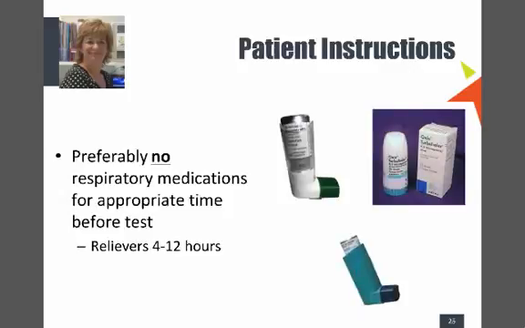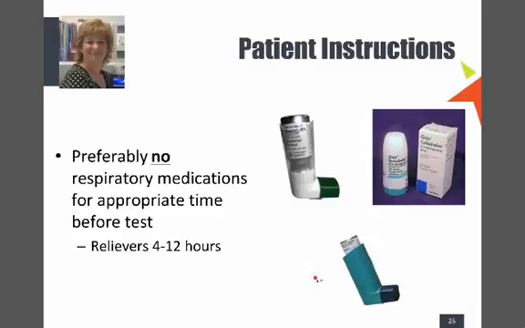So patient instructions, I'm not sure whether you do this so much in primary care, because you probably don't really know are you going to be doing one or not until the patient's there. But if you do have a choice, it's preferable that they don't have their respiratory medications for the appropriate time before, as in how long that medication will affect how wide their airways are.